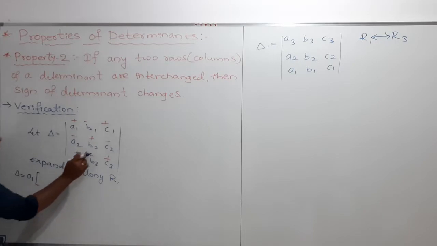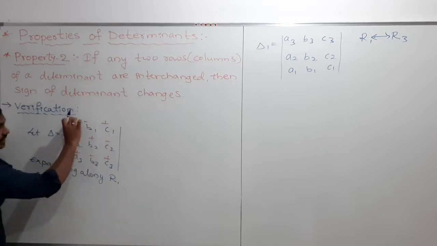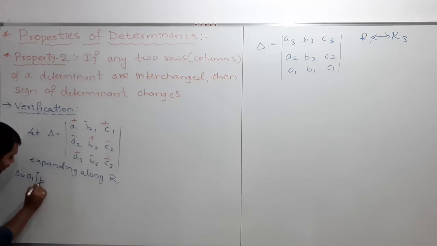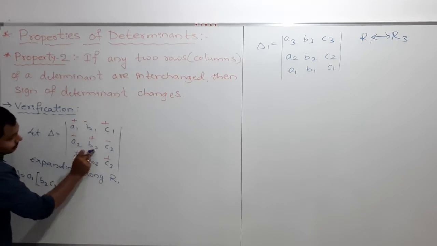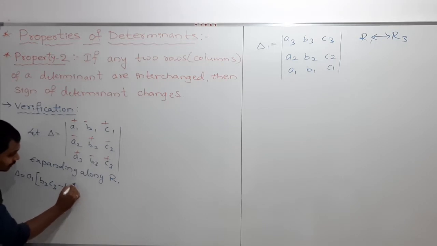After leaving this row and this column, we take the determinant value. How to find that? B2 into C3 minus this element into this element, B3 C2.